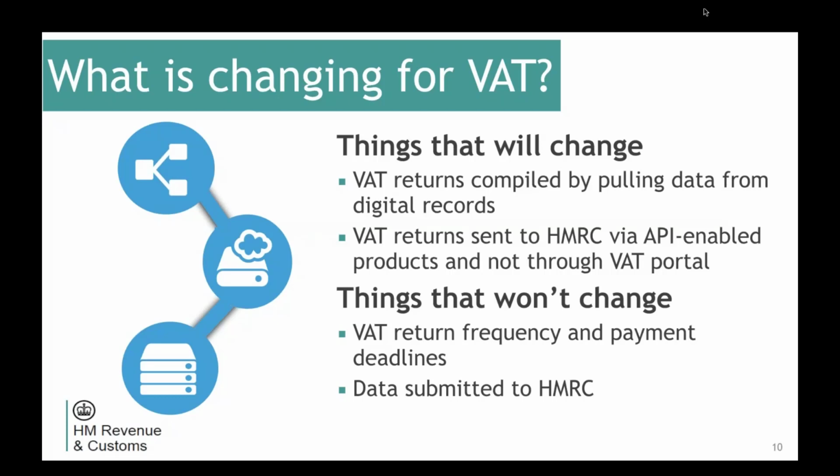So all of those mandated customers, those over £85,000, will no longer be able to make submissions through the VAT portal, or even software that they already use to make submissions through the current government gateway route. That will also be unavailable to them. They will have to make the necessary change to software that is MTD enabled and API enabled.